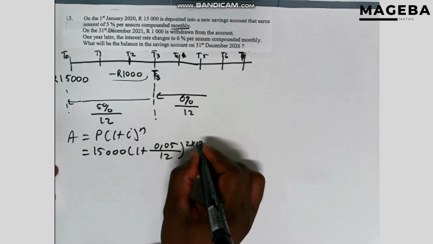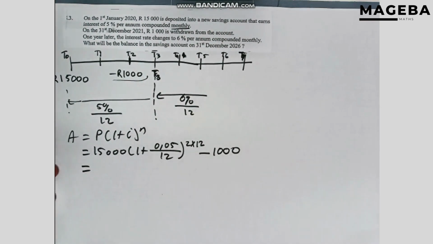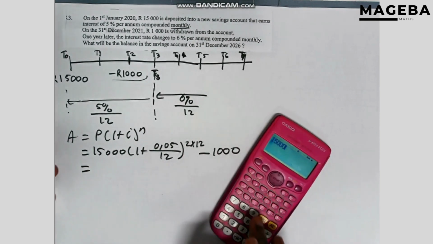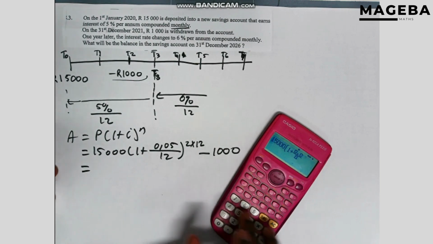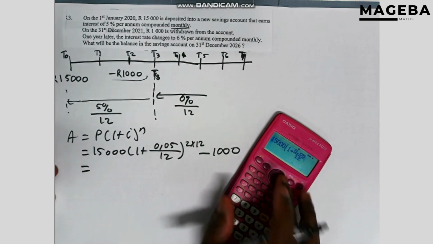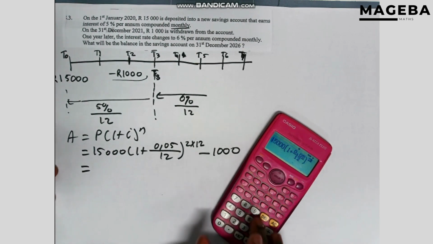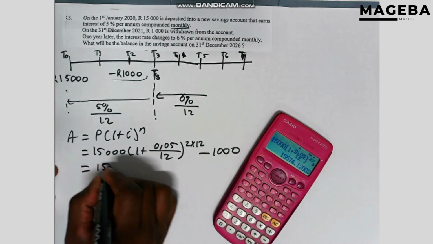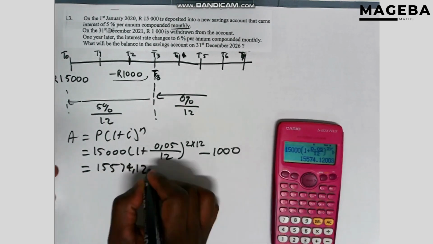So it's 15,000 times (1 plus 0.05 over 12) to the power of 2 times 12, then we minus this 1,000. After 2 years we get 15,574.12. This is the amount that we get here after they withdrew the 1,000 rand, and this is what we are left with.